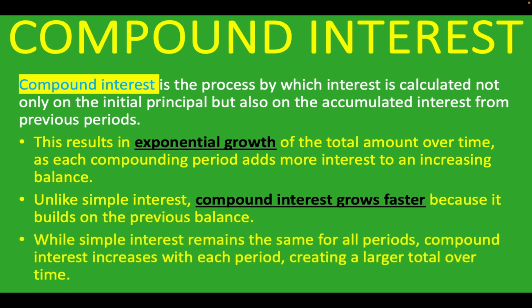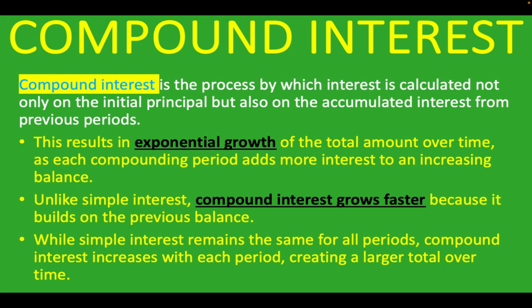While simple interest remains the same for all periods, compound interest increases with each period, creating a larger total over time. When you're calculating simple interest from period 1 to the end of the term, the interest will be the same for all the periods. But with compound interest, because it's calculating on the new balance during each period, the amount will be growing over time.